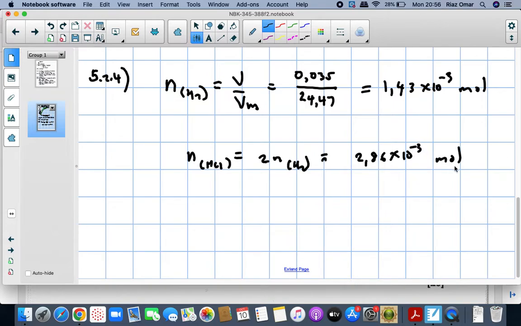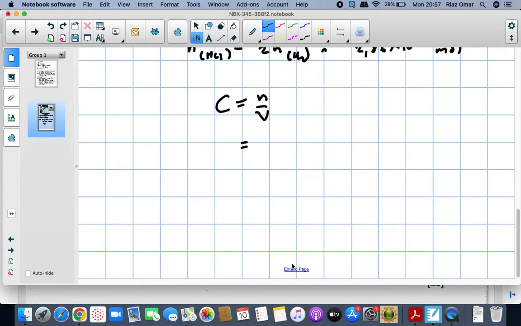There's the number of moles that we have. So if you look at working out the volume, we can say concentration is equals to number of moles divided by volume.